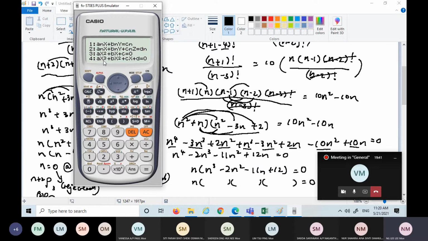Okay, you take out your calculator, for those using the black color one. You press mode 3 times. Wait, 1, 2, 3. Okay, 3 times, equation, 1.